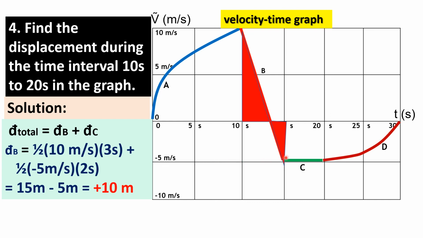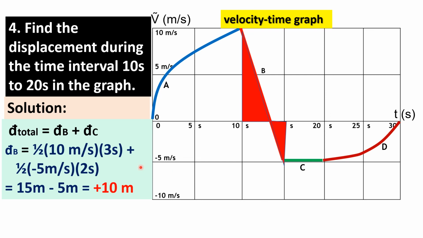Because the height of the smaller triangle actually corresponds to the change in velocity from 0 to negative 5 meter per second. If we get the delta V, which is negative 5 minus 0, the delta V, which represents the height of the small triangle, is also negative 5 meter per second.